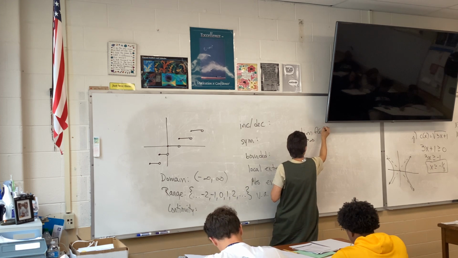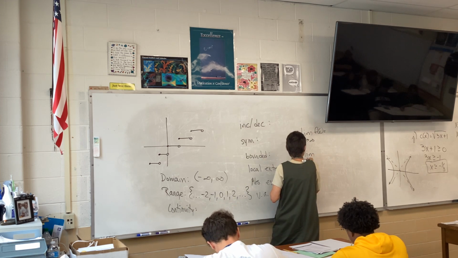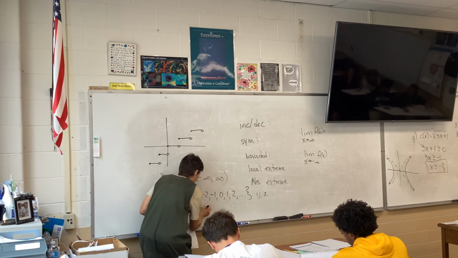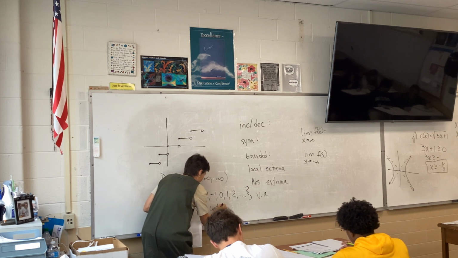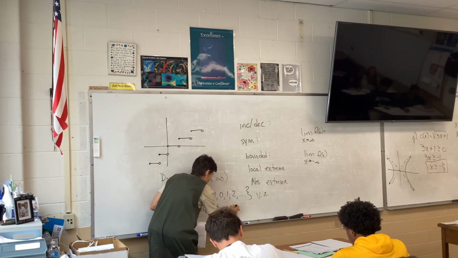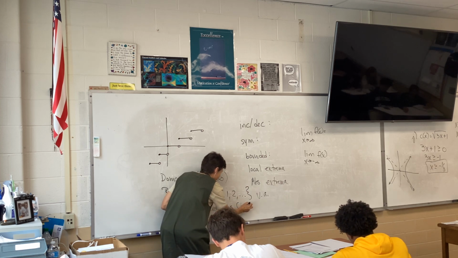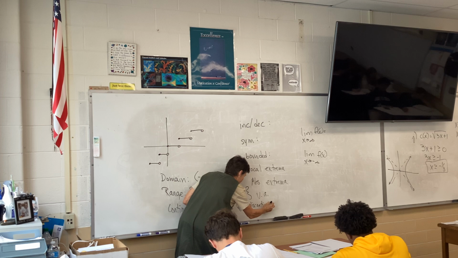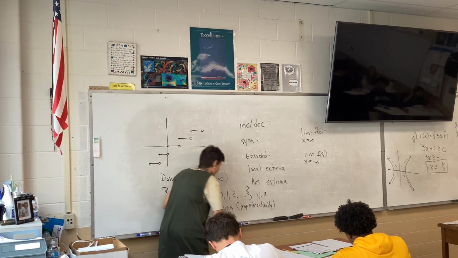Trying to get all my stuff written down here that we need. All right, so this is not continuous. So I'm going to say not continuous, and then in parentheses, I'm going to say jump discontinuity, because that's exactly why it's not continuous. Very good that you remembered that. Super.